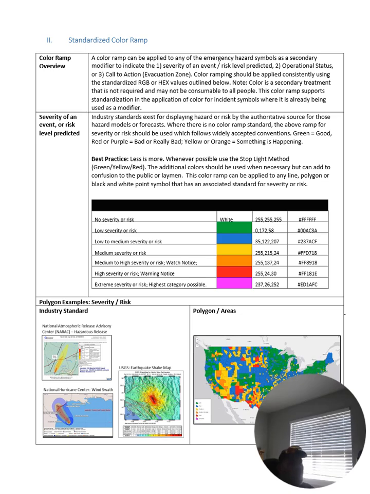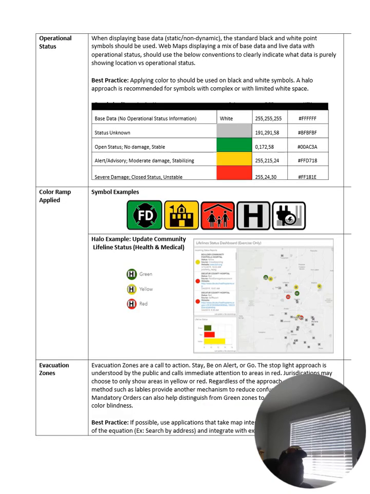Like the National Atmospheric Release Advisory, where there was a hazardous release, and they created a buffer showing who's going to be affected in an area and how far the release is traveling. Then you had to decide on operational status, and once again, it was basically white through red.